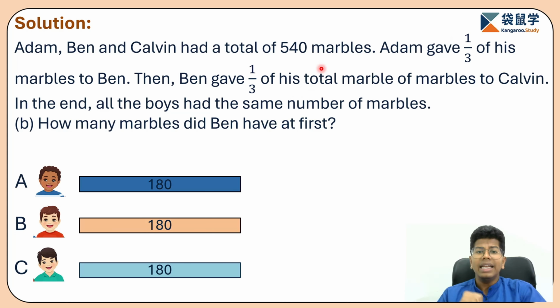So at the end it is the same number of marbles, that is 180. Question is asking me at first. So actually here the question is quite challenging because there are 3 persons involved and they are transferring to each one of them. So let's try to understand the situation using a simple example.